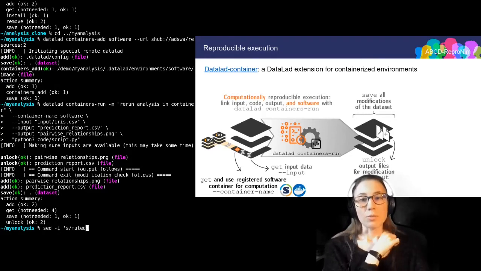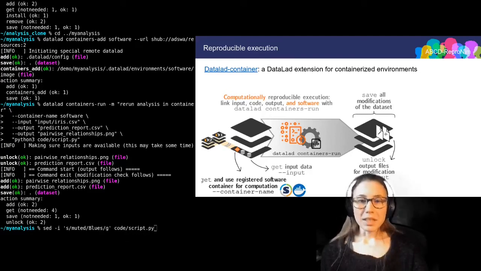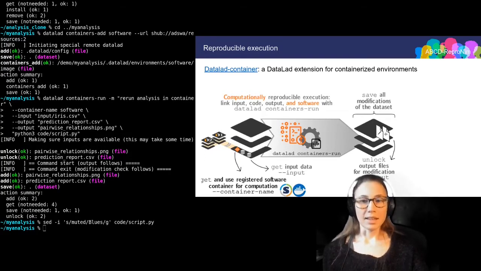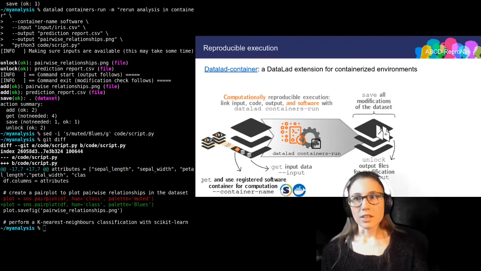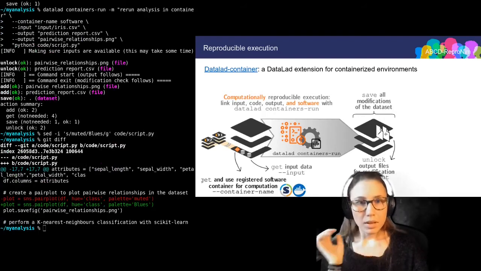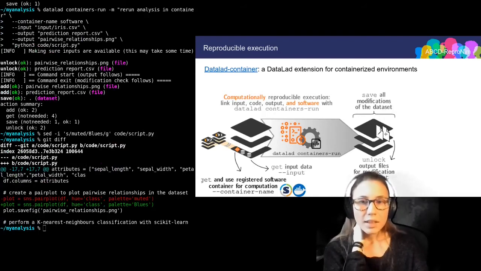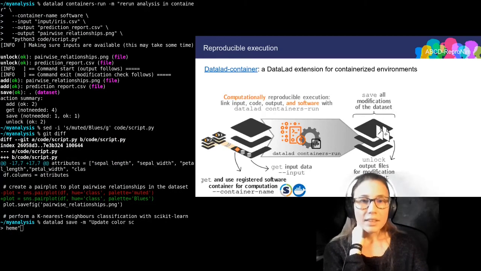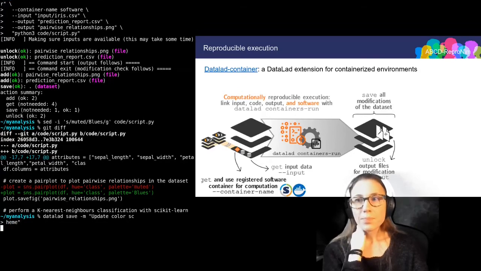So, as an example, let me update the color scheme of the figure from muted to blues. I'm doing this from the command line again with the stream editor sed. If I take a look at this change, you can see I'm just changing the color palette, and now I can save this change.